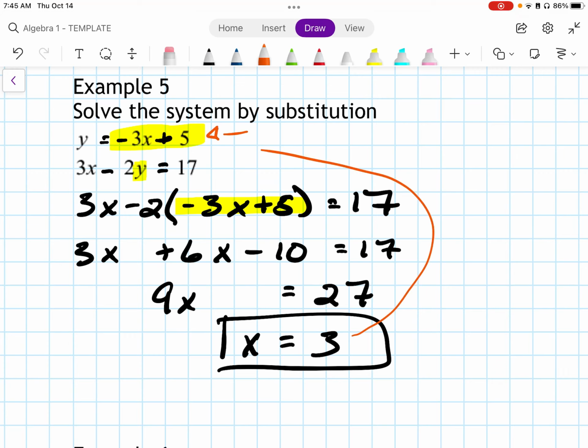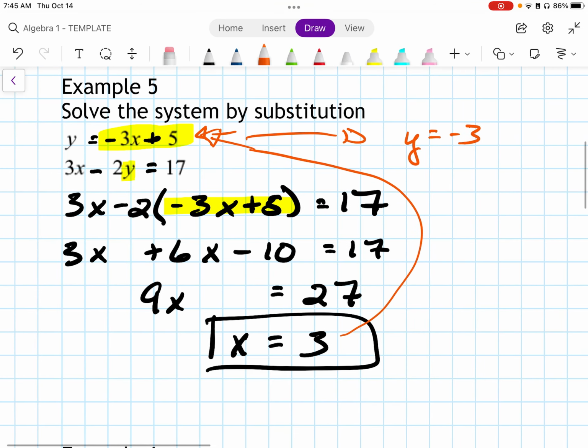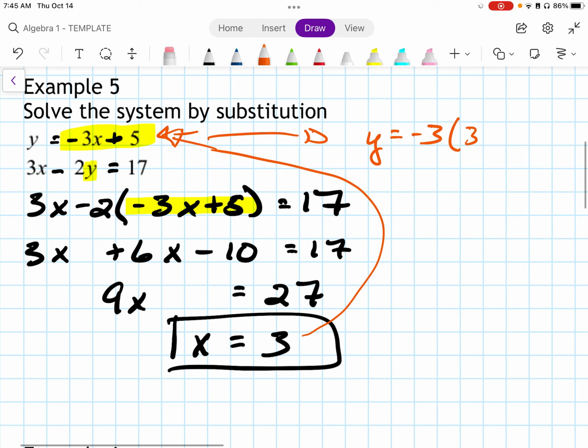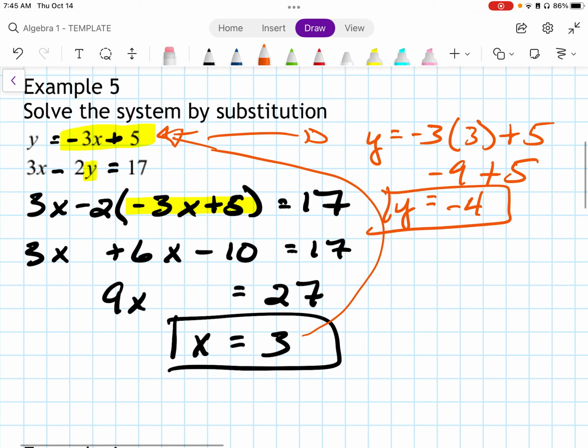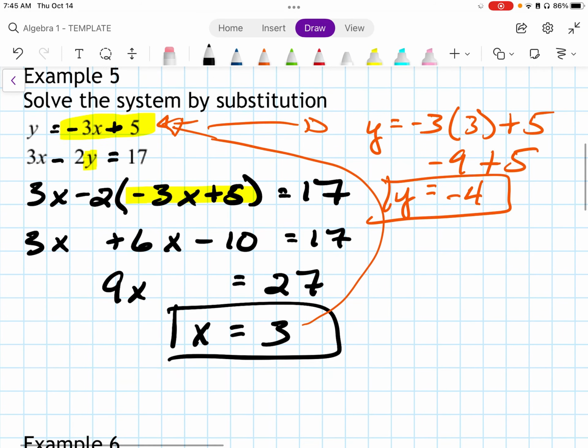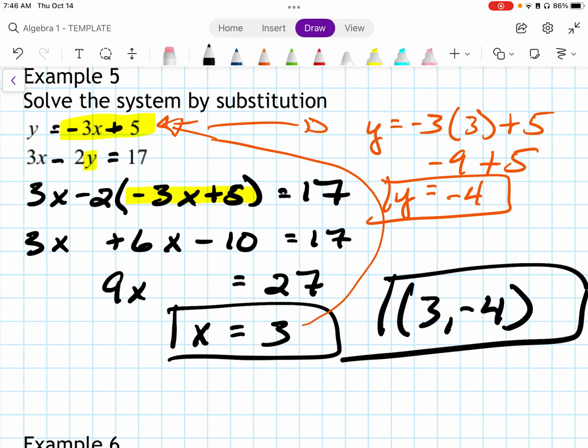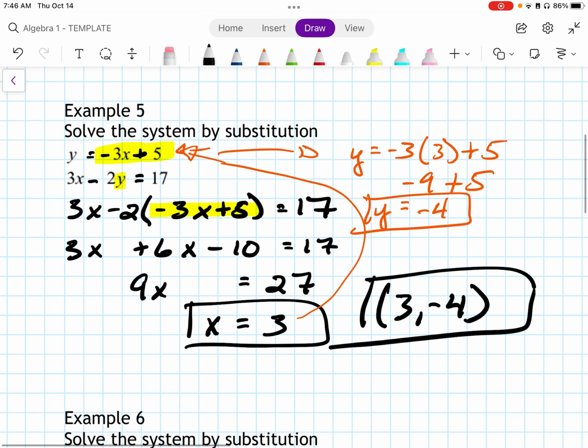So I'm going to plug that in to the top one. That will be y equals negative 3 times positive 3, because that's my x, plus 5. So this is negative 9 plus 5, which is negative 4. Okay. Now we need to write this as an ordered pair. My ordered pair would be 3, negative 4. There we are.